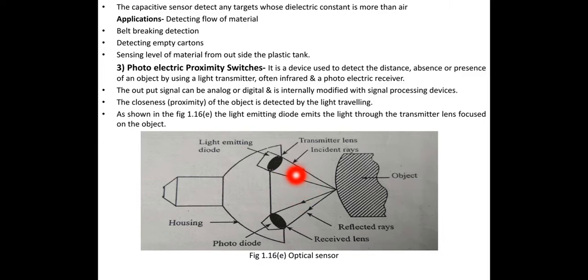By considering the time between sending the signal and receiving the signal, we can find the distance between the sensor and the object. Simple.